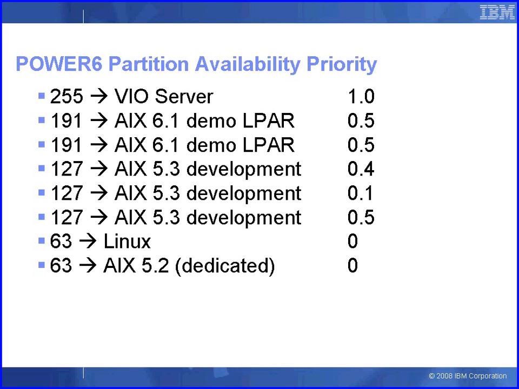So then we'd come back down to the bottom of the list and deallocate enough shared processor logical partitions to stop them and free up a CPU. And in this case, the 3 AIX 5.3 development partitions add up to a whole CPU, so those would get shut down, and the 2 CPUs would be used to run the VIO server and my 2 copies of AIX 6, which is exactly what I want to run because I might have been running a demo at the time.